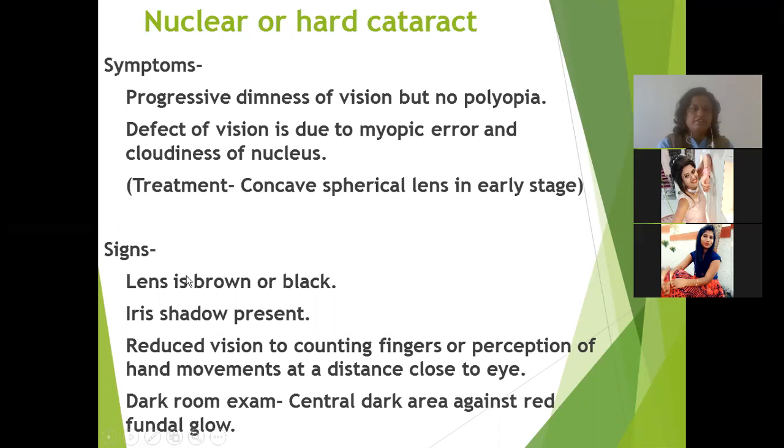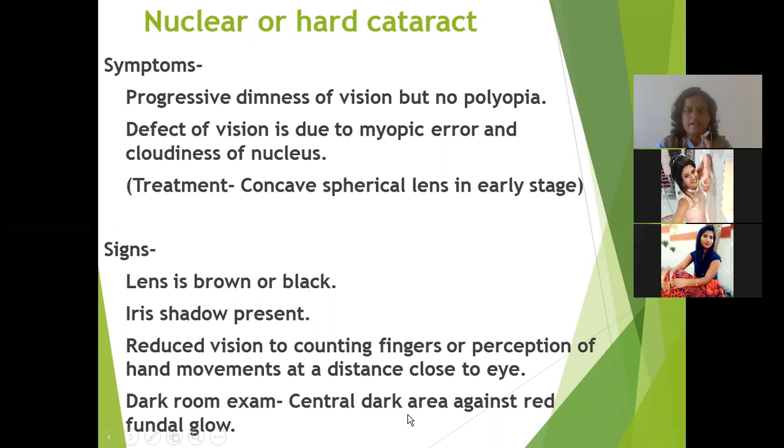Then in the signs we can see that the lens is brown or black, the iris shadow is present, and there is reduced vision, counting fingers or perception of hand movement at a distance close to the eye. Then second is a dark room examination.